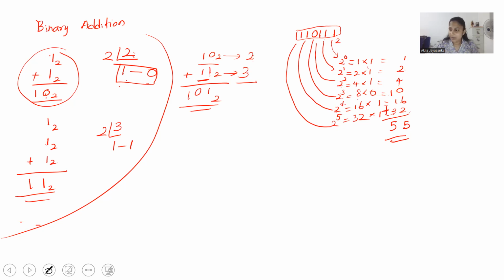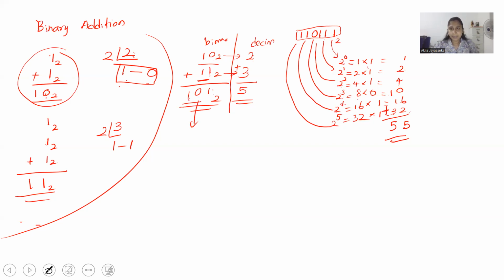We add 3 and 2. Now these are in decimal format, and those are in binary value. That was the binary addition, and this is the decimal addition. What is the value of 3 plus 2? It is 5. Let's see whether this answer is correct or wrong. Let's convert 101 into decimal format.